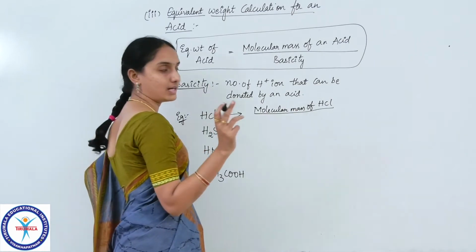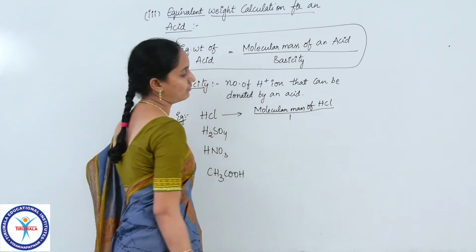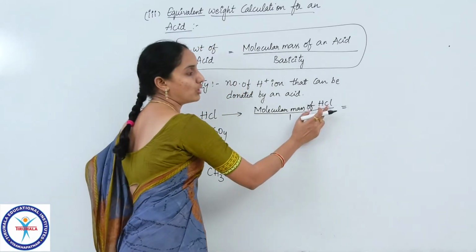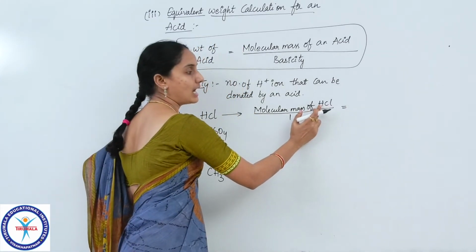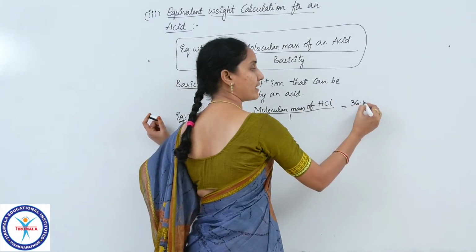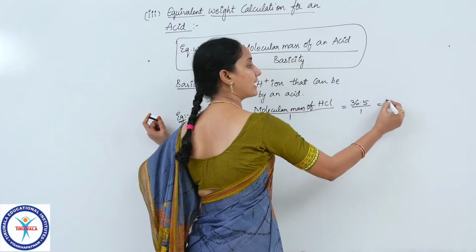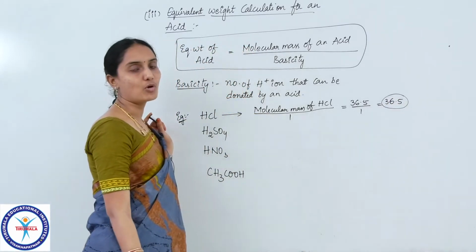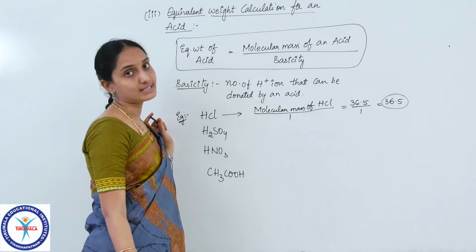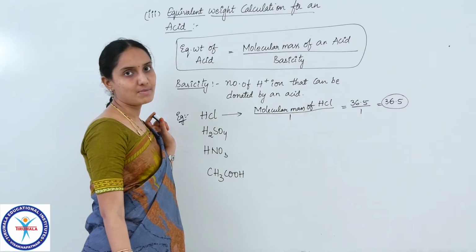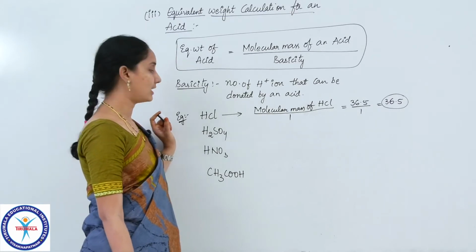Yes, it can donate 1 H plus, so you have to divide by 1. So the molecular mass of HCl, how much is it? Chlorine is 35.5 and hydrogen is 1. So total it is 36.5 divided by 1. So again it is 36.5. So the equivalent weight and the molar mass of HCl are the same because the basicity is 1. Sometimes it may not be, children, but you calculate and see.